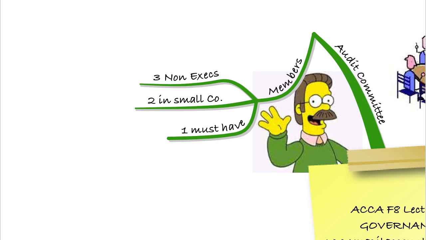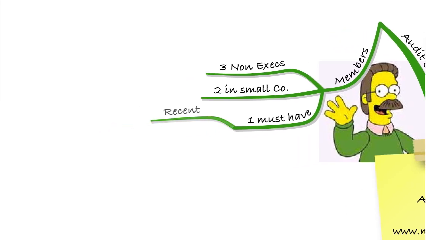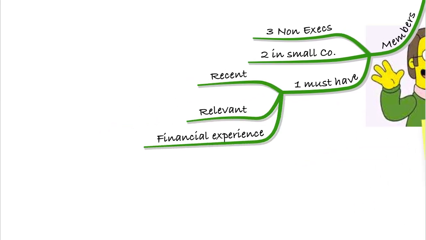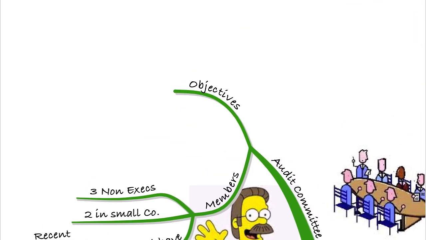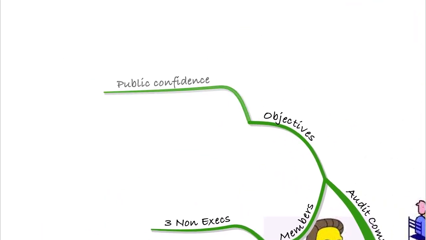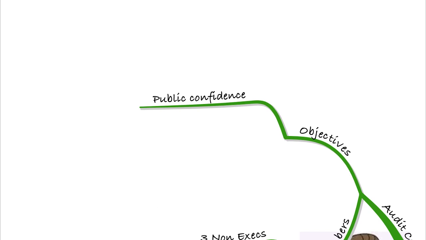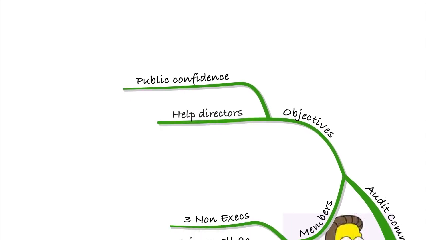Remember that one of these directors must have recent, relevant financial experience. Absolutely crucial. Learn that. Must have that recent, relevant financial experience. The objectives of the Audit Committee are to increase public confidence in the financial statements because the information that's coming out will have been looked at by the independent Audit Committee.